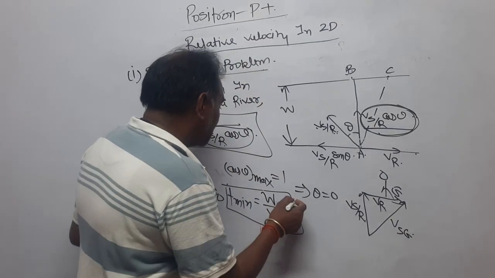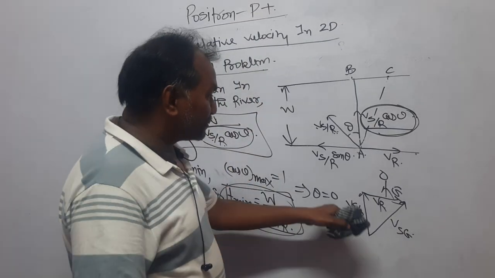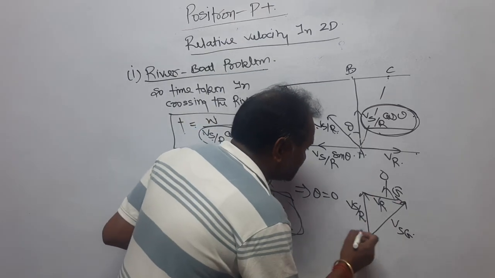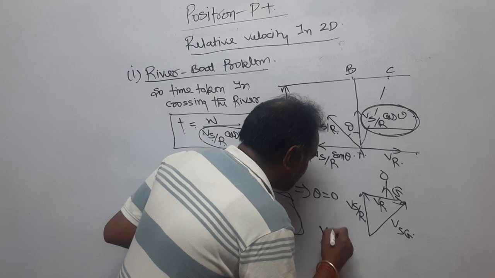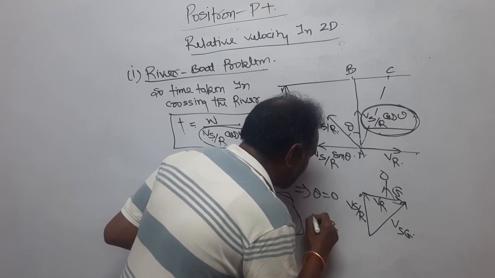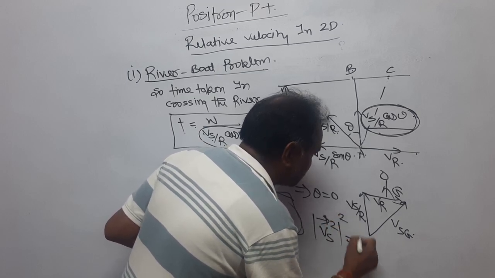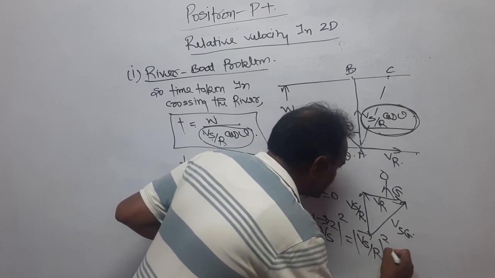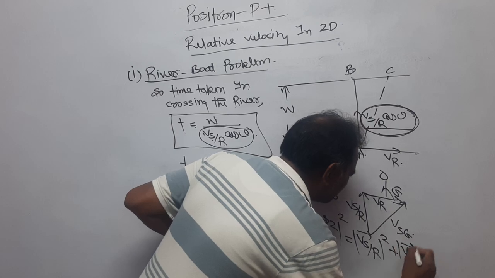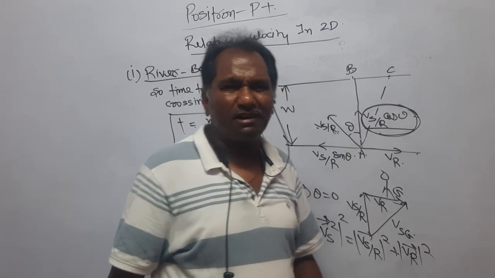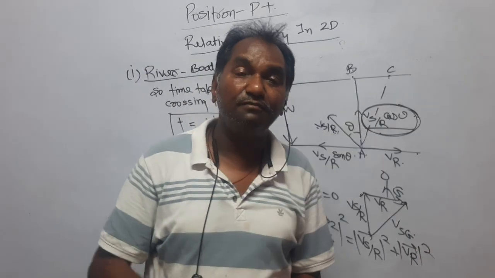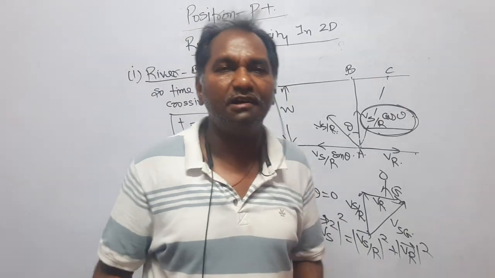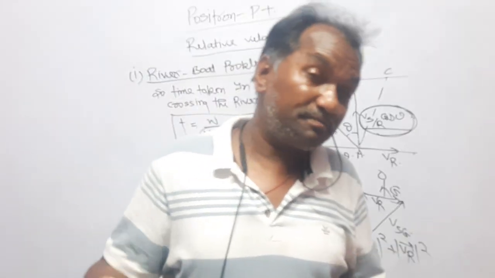So when time taken is a minimum, from this condition, this triangle is very important, and you can say that Vs square equals Vsr square plus Vr square. I'm just applying Pythagoras. This Vsg I'm not writing, I'm writing just Vs. Vs means velocity of swimmer with respect to ground. If no frame is given, it means we are talking with respect to ground.